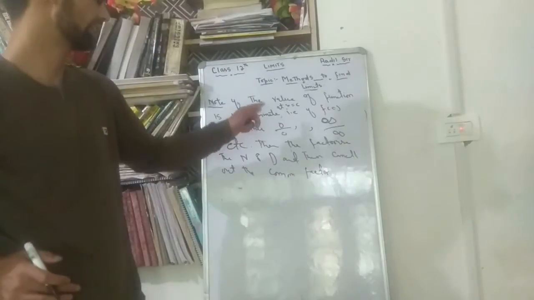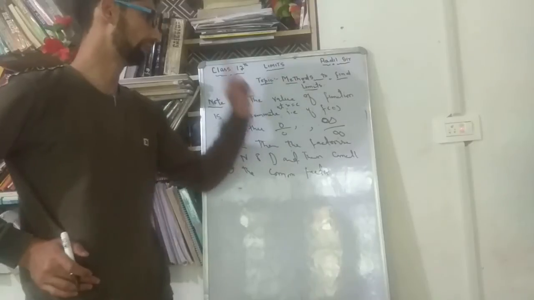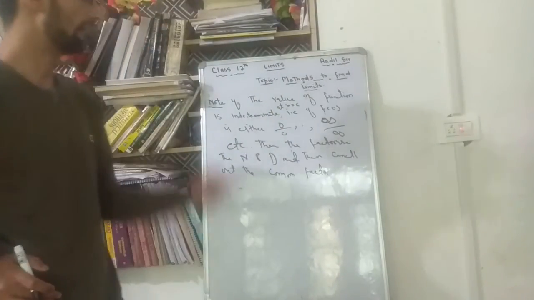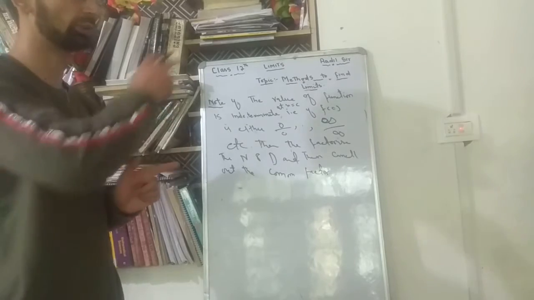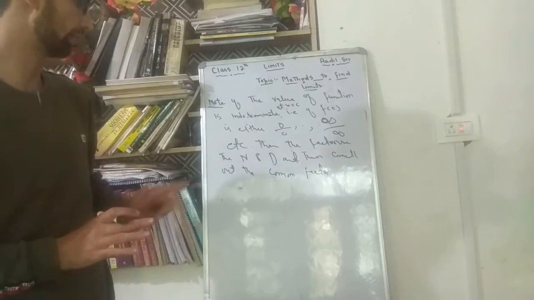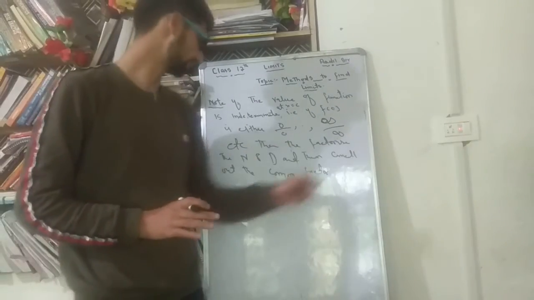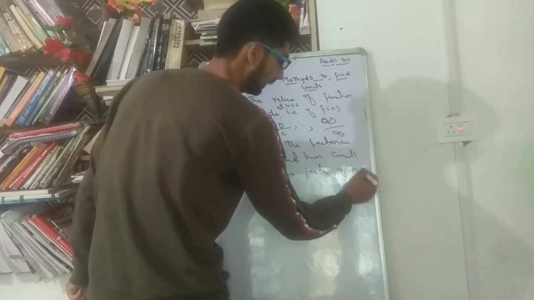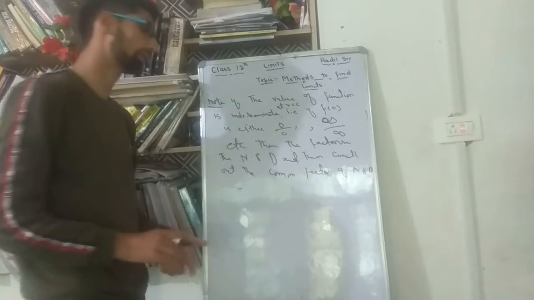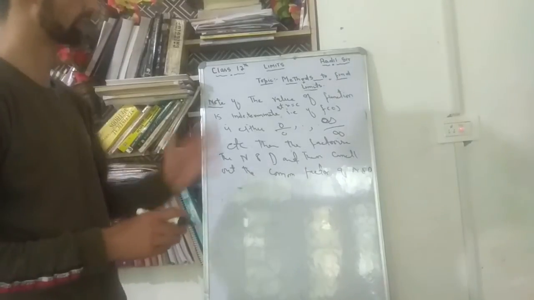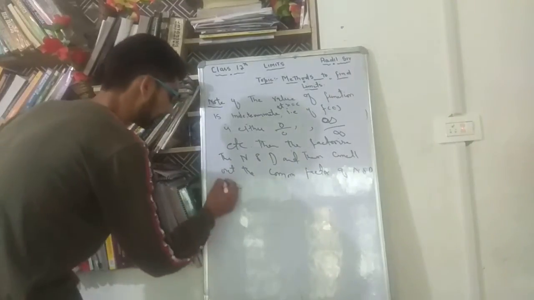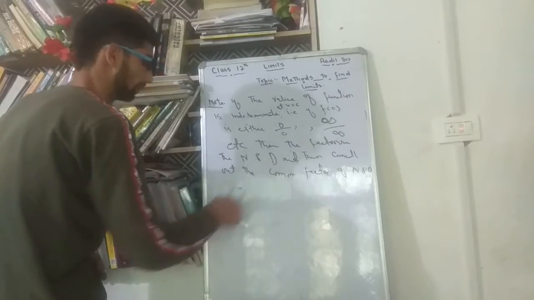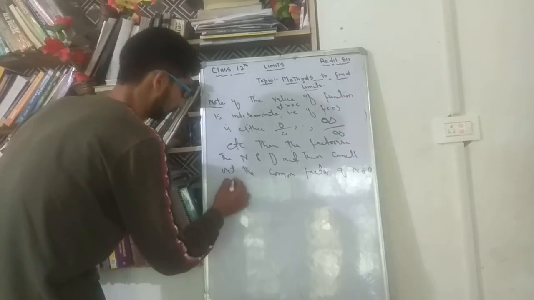If we are getting the value of function at point C like this, 0 divided by 0 or infinity divided by infinity, at that time we have to factorize the numerator and denominator, and after that we have to cancel out the common factors of numerator and denominator. The common factors that come in the numerator and denominator, we have to cancel them out.